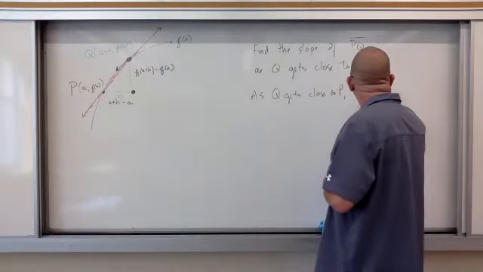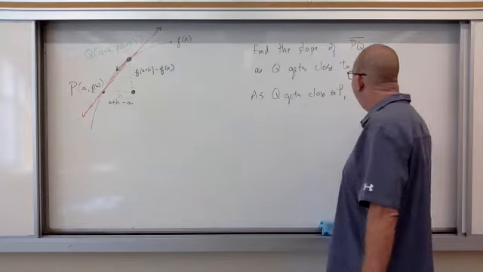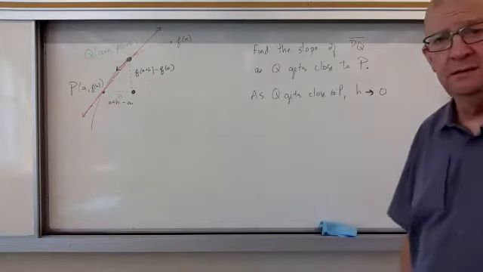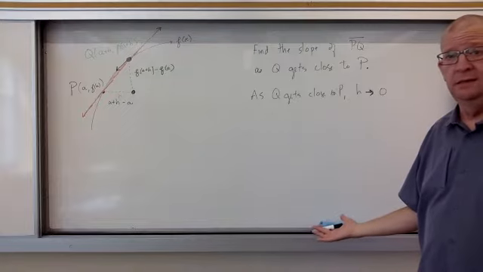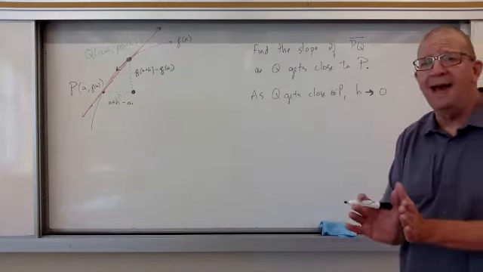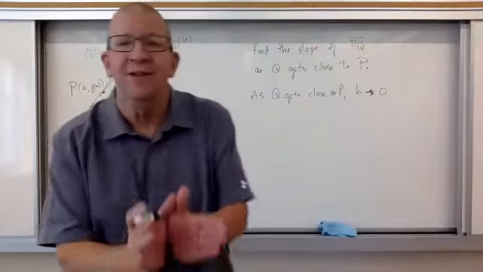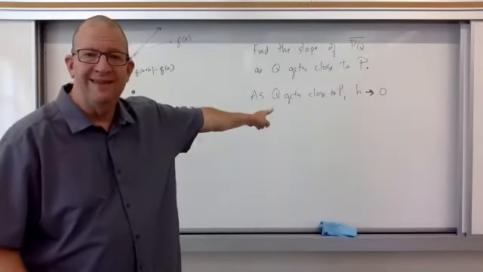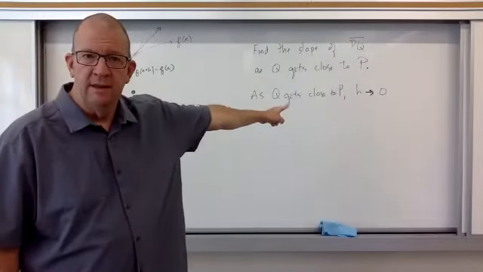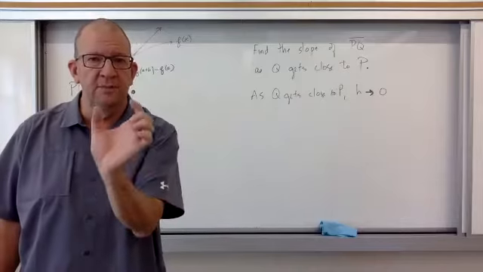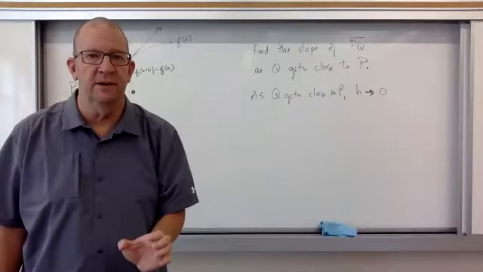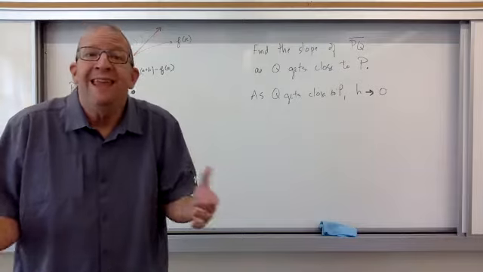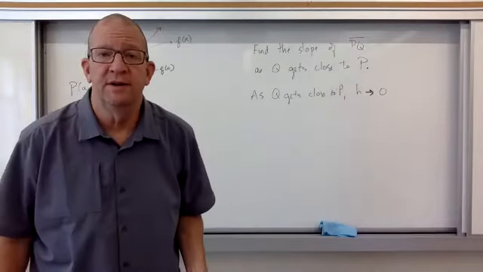That is the key. In fact, that statement right there is the key to differential calculus. That's it. So let's take a dramatic pause here, because everything that I talk about this fall is based on that statement. As Q gets close to P, h gets close to 0. That's it. Everything else we do is algebra.